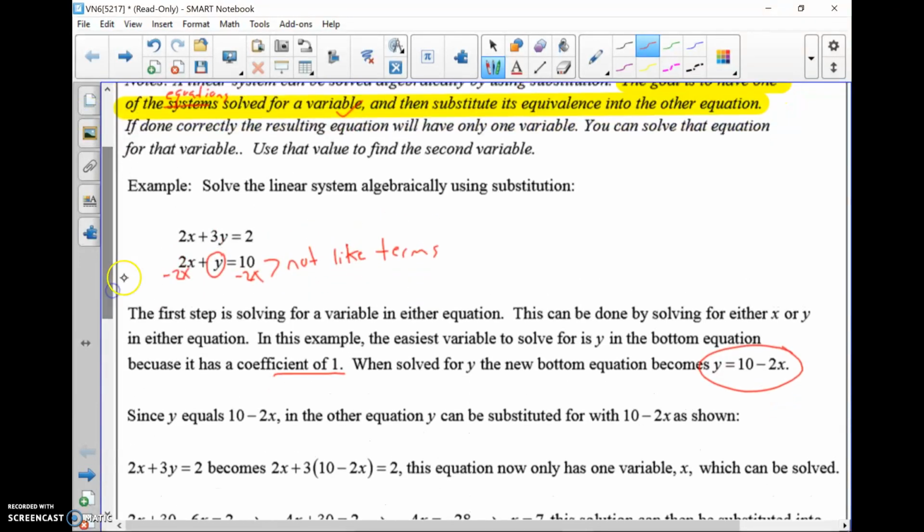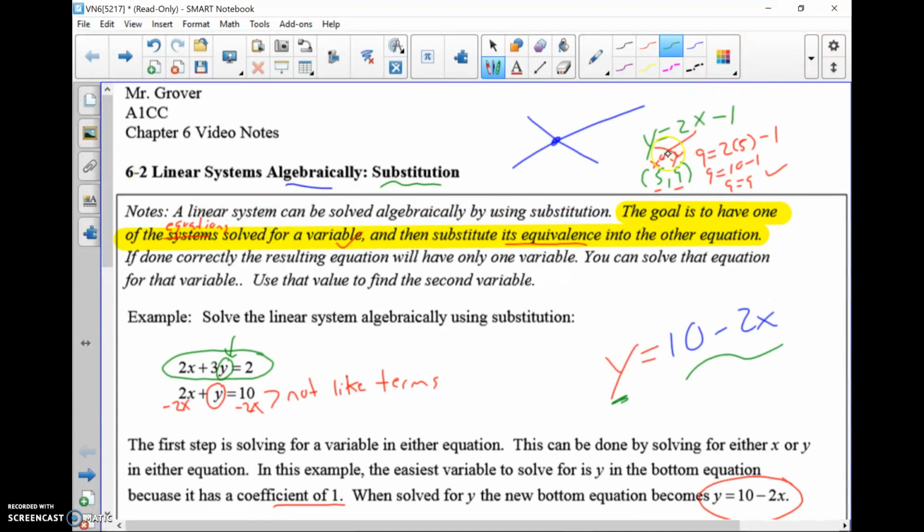What we mean by its equivalence is, you see how y equals 10 minus 2x, what that means is in the other equation, the one we haven't touched yet, you can replace y with 10 minus 2x because they're equal to each other. So I'm going to take the y in this equation I haven't used yet, and replace that y with 10 minus 2x.